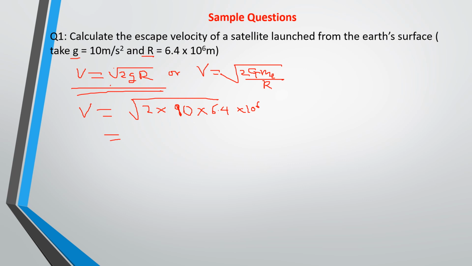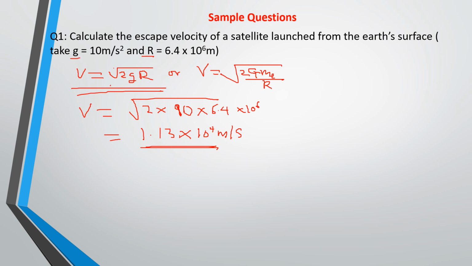If you work this out and find your square root, you have 1.13 times 10 raised to power 4 meters per second. This is pretty simple, and this is actually how the equations come. It's just for you to know which of the formulas to use, and then look for the variables they are asking you to find.